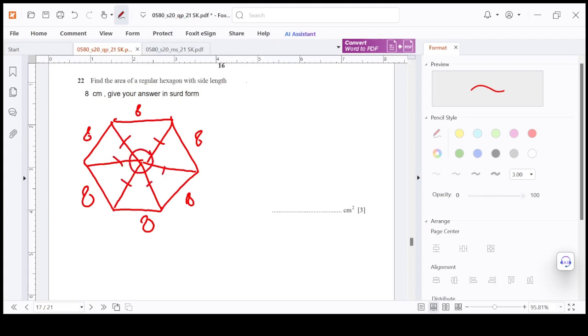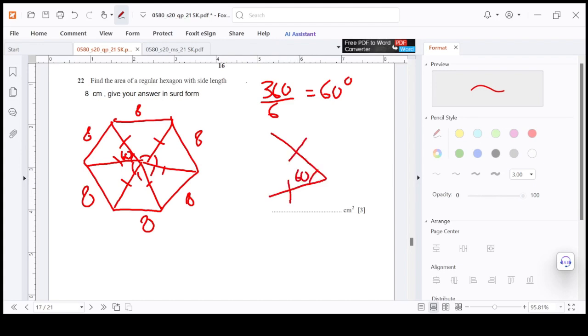The sum of these angles would be 360 because they're originating from a point, and I'm going to divide it by 6. That's going to give me 60 degrees. So if this is 60, all of these would be 60 as well. If an angle is 60 and these two sides are equal, then these two angles must be equal as well, from the isosceles triangle.